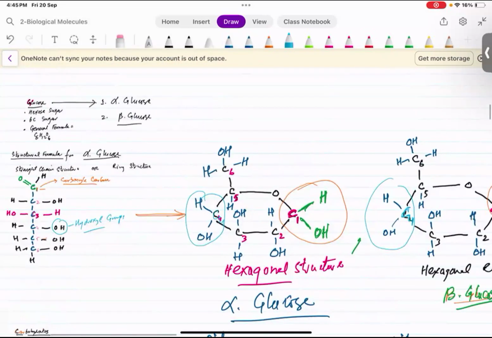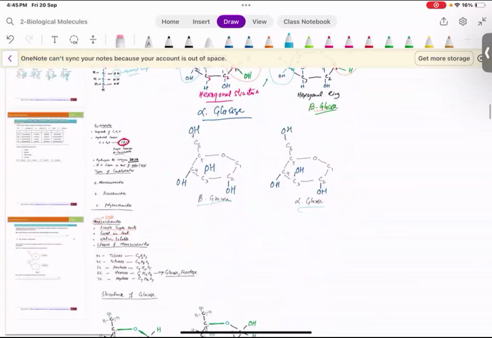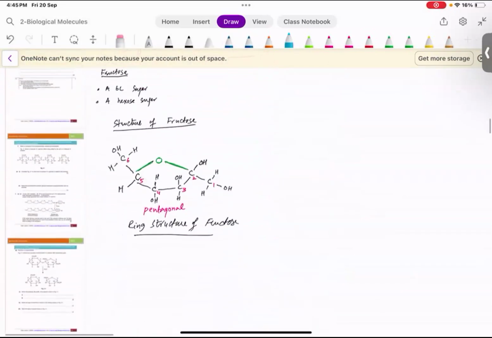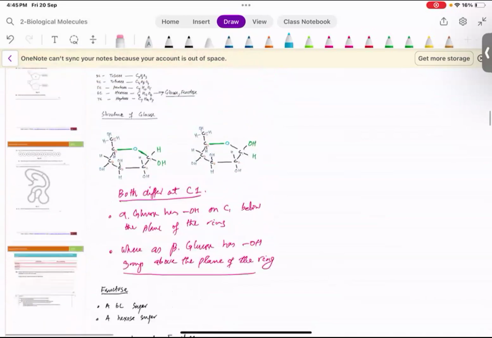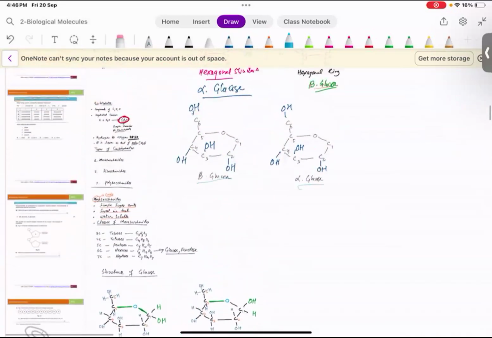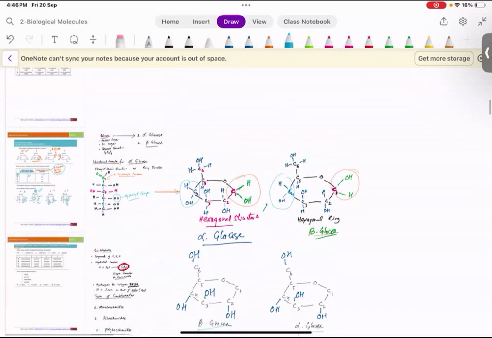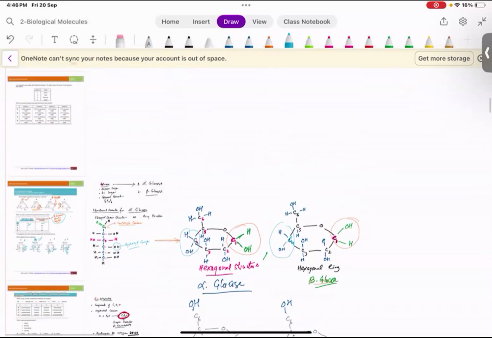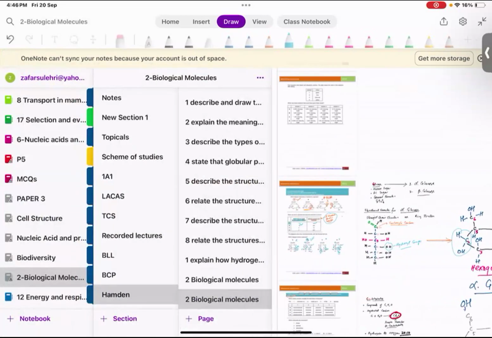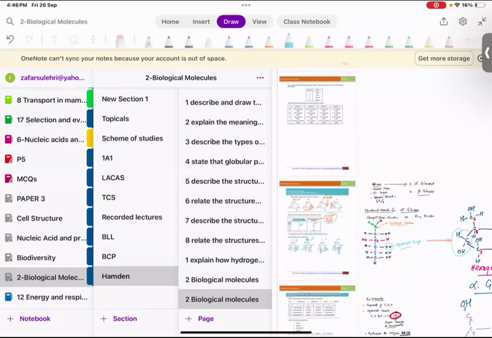So that's about alpha and beta glucose. Now let's see the structure of fructose.